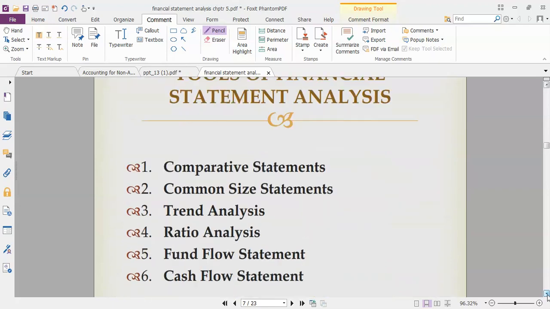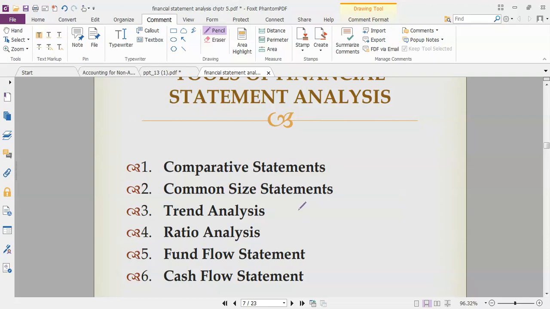What are the tools? These are the tools to compare and analyze the financial statement. Comparative statements: you can compare between two different companies. So which one is better, company A or company B? That is the comparative statement. Second, we can also analyze and compare using the common size statements.